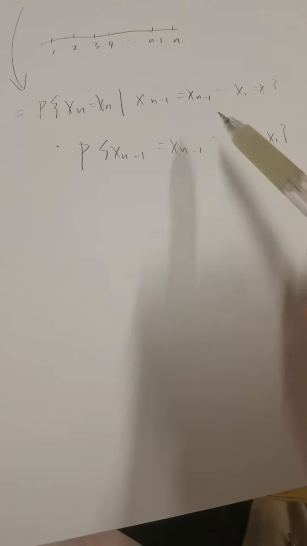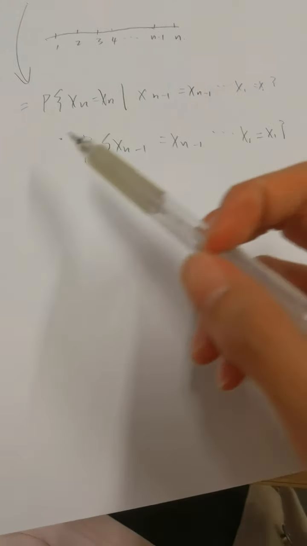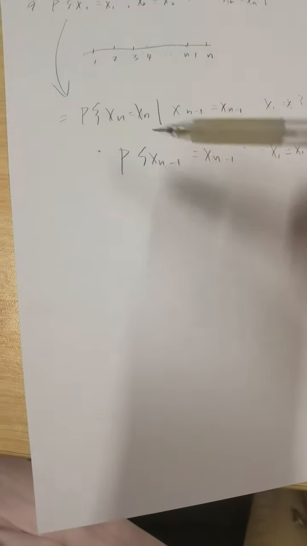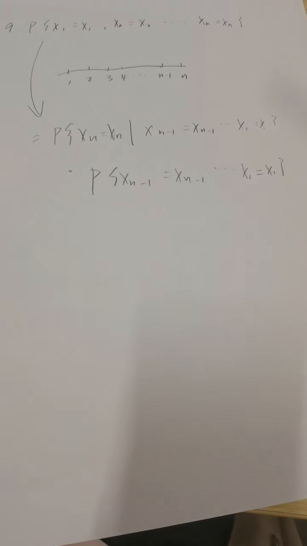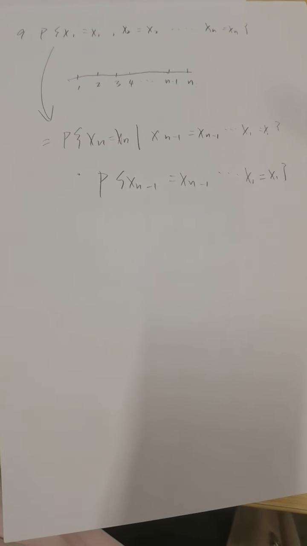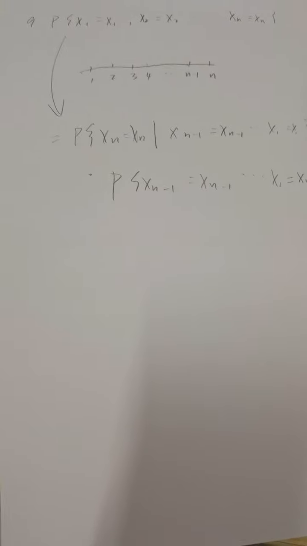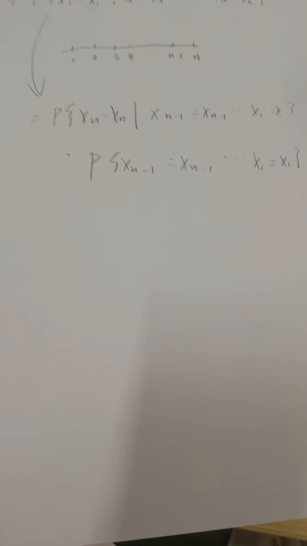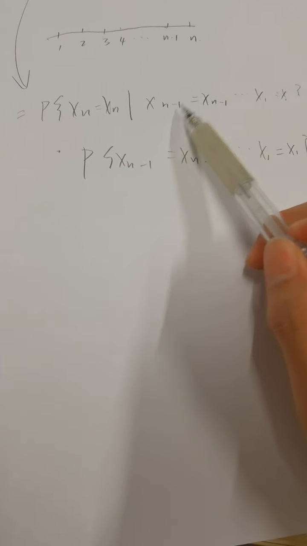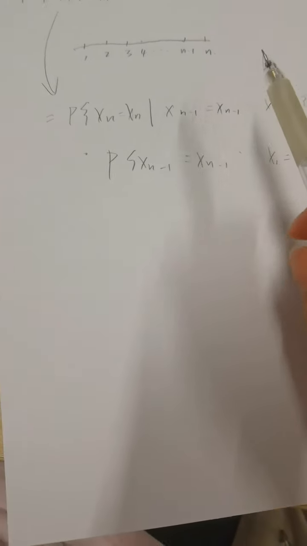times the probability of X(n-1) equals x(n-1) and so on to X1 equals x1. So this is a conditional density function, as we know from this part to this part. If it is Markov, when we know the present value, the future value is independent of the past. So given X(n-1) equals x(n-1), the other part we can throw away.